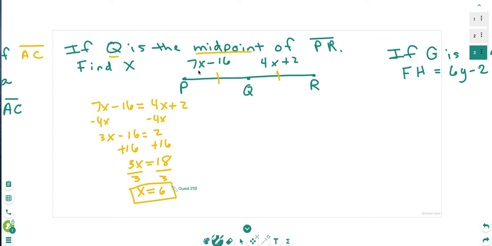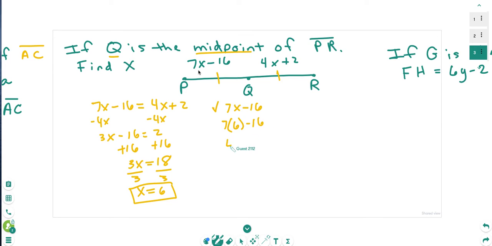Now I want to do a check. I want to see if the value of 6 actually gives us two congruent line segments. 7x minus 16. I'm going to use my substitution property and put in 6 where x is.